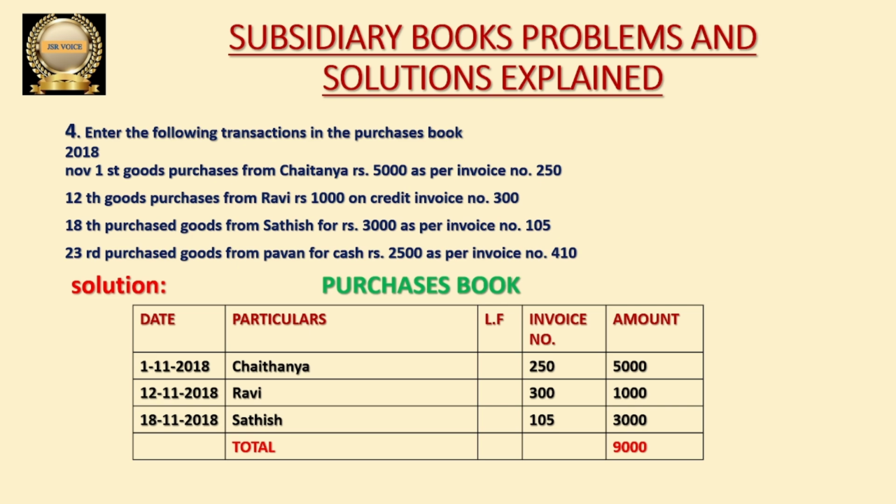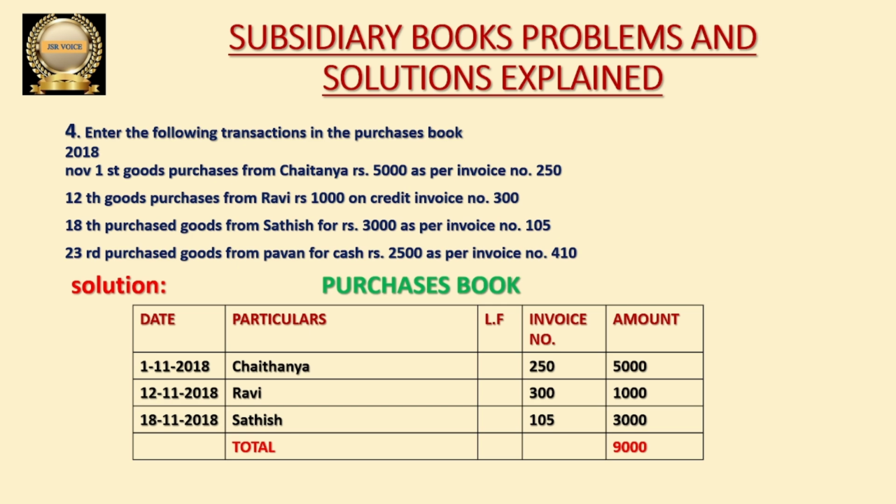It is satisfying all three conditions, we can write it here. Look into the solution. 18th date, 18-11-2018. In particulars column Satish, name is mentioned. Invoice number the same, 105, whatever is available in the question, that is recorded. Amount column 3000. Okay. Let us move to the next one.